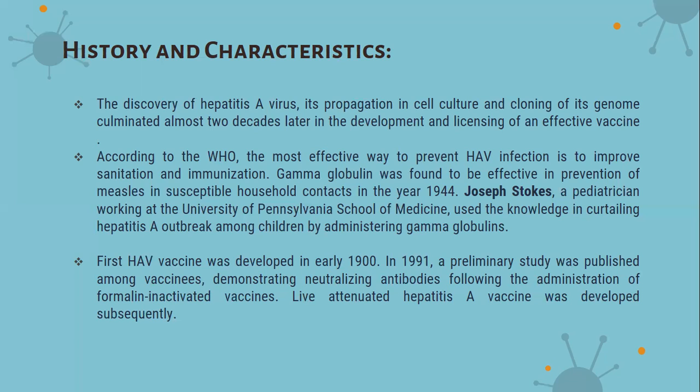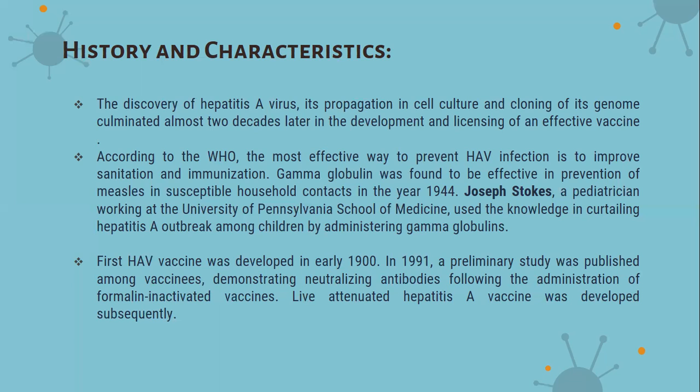And Joseph Stokes naman, he is a pediatrician working at the University of Pennsylvania School of Medicine, used the knowledge in curtailing hepatitis A outbreak among children by administering gamma globulin. So this gamma globulin, yun yung ginamit ni Joseph Stokes in the outbreak of hepatitis A among the children.